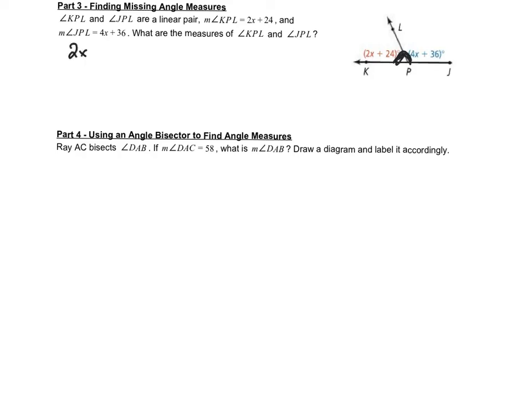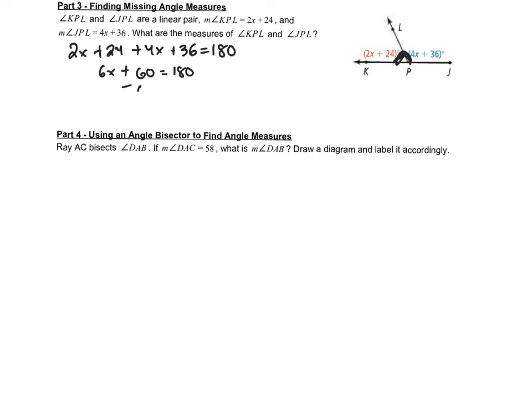So we have 2x plus 24 plus 4x plus 36 equal to 180. So 2x plus 4x is 6x, 24 plus 36 is 60. We set it equal to 180.